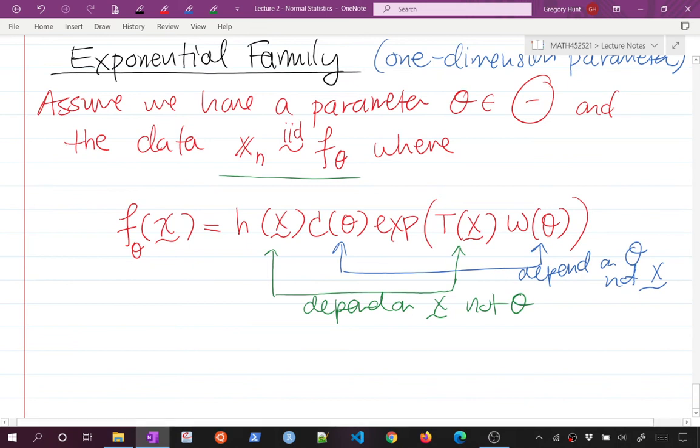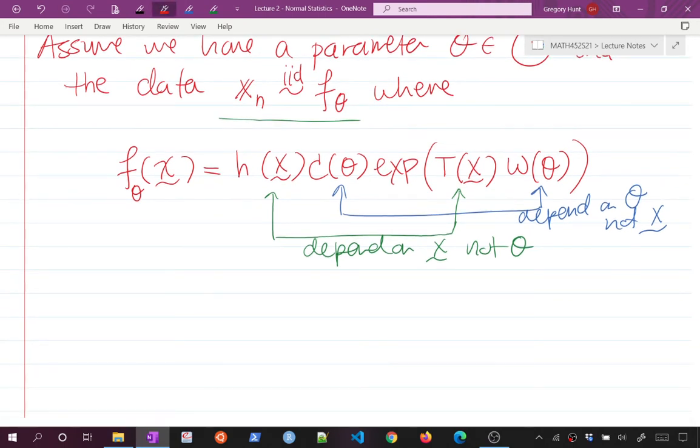So this seems like a very strange setup. But we have actually seen that many of the familiar distributions are exponential families. Example, Poisson.